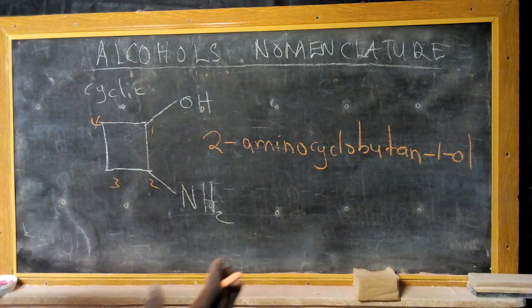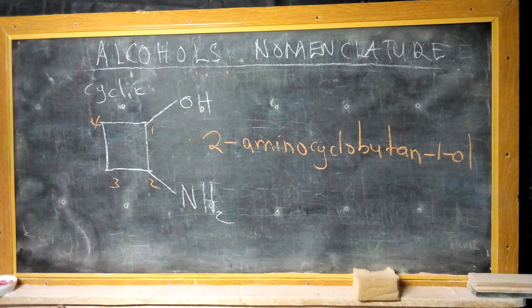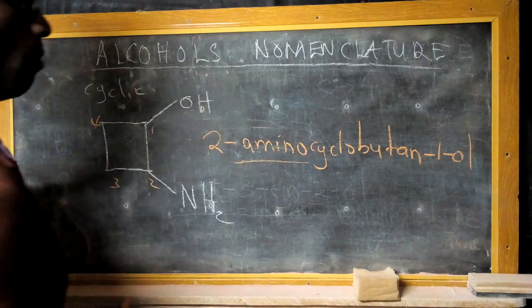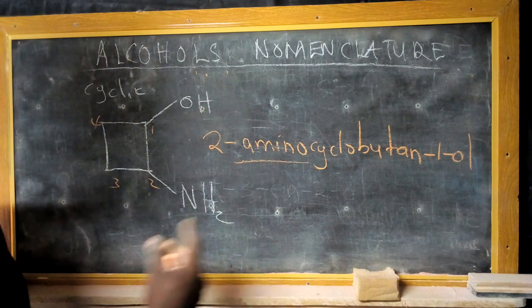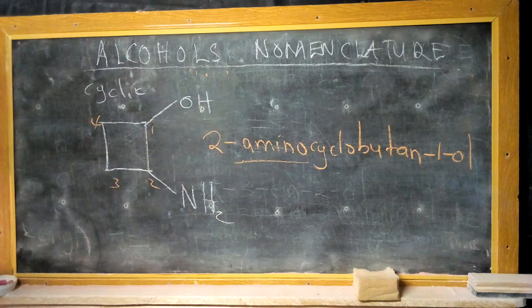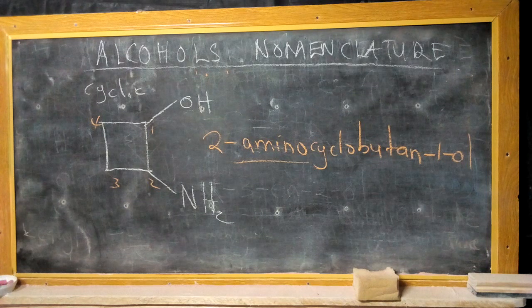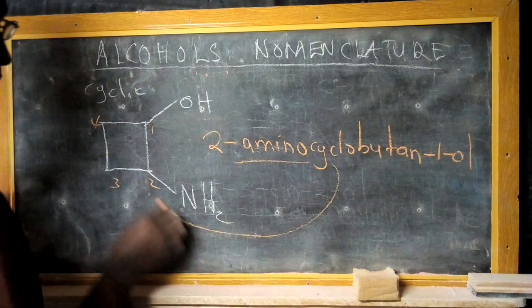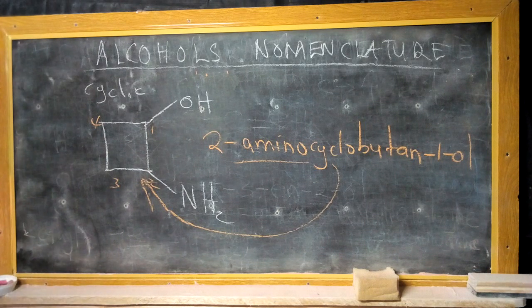So as you can see, there is a correlation between the nomenclature of alkanes, alkenes, alkynes, and alcohols, in a sense that both consider the substituents to appear first, and then they should appear in alphabetical order. And then second, for the cyclic compounds, the cyclo name precedes the parent name.